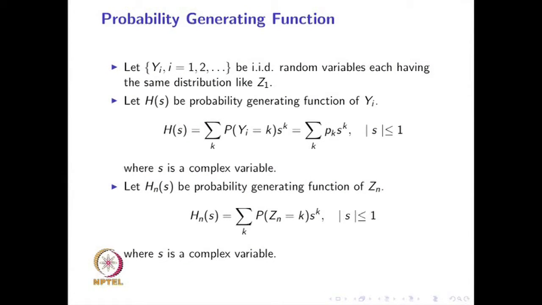Now we are going to discuss the probability generating function for the branching process. Let the Yi's be IID random variables, each having the same distribution as Z1. Let H of s be the probability generating function of the Yi's. Let Hn of s be the probability generating function of Zn.